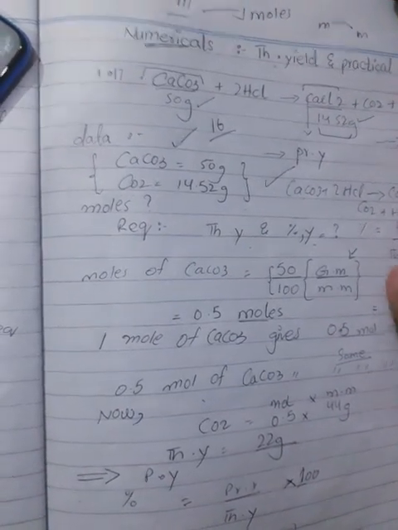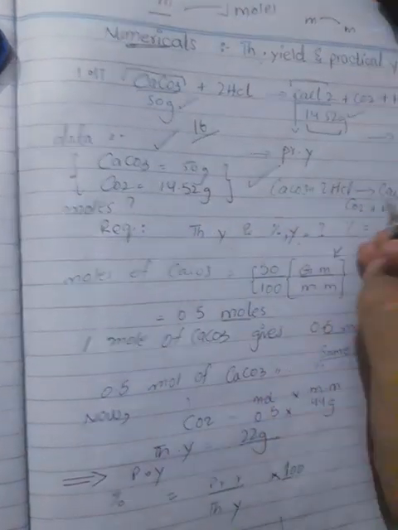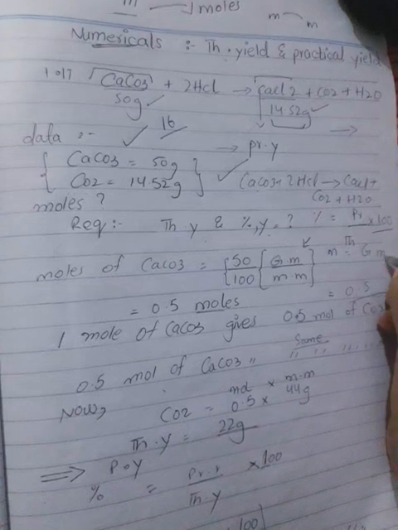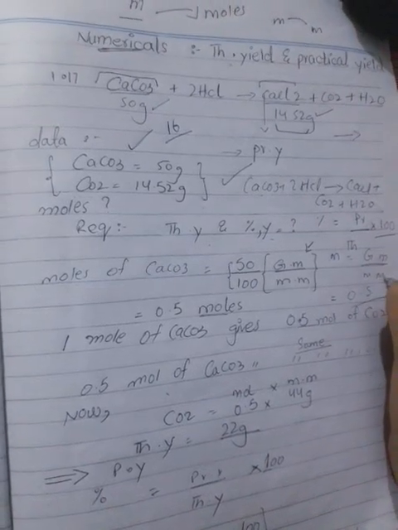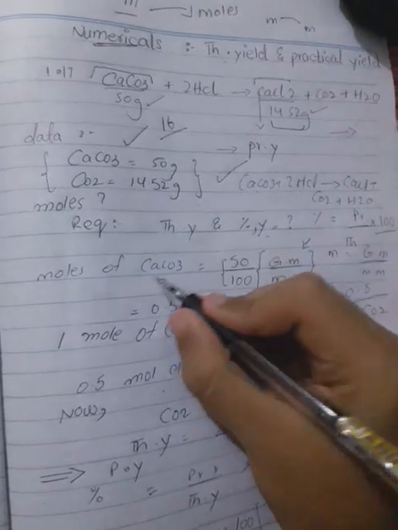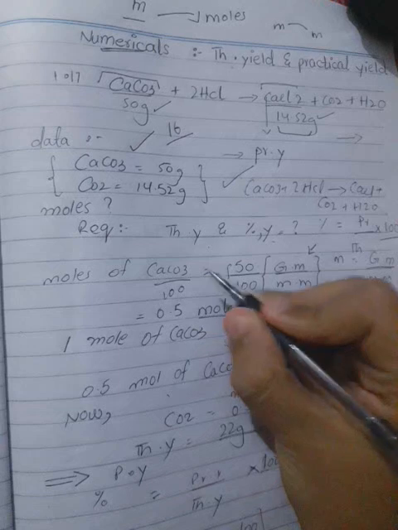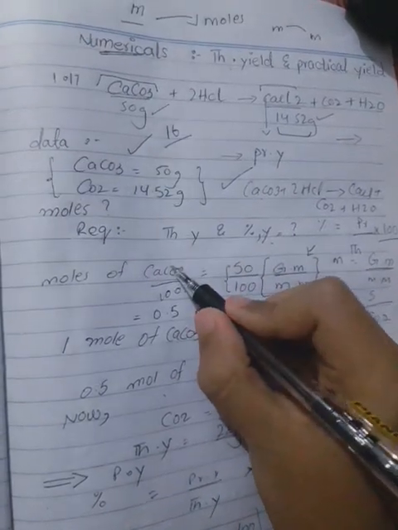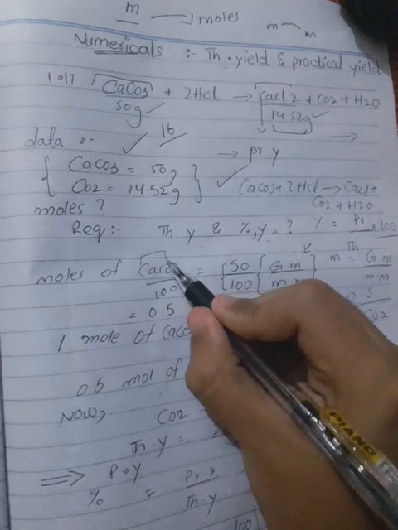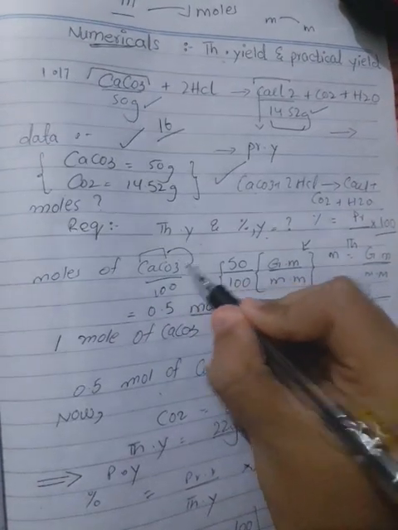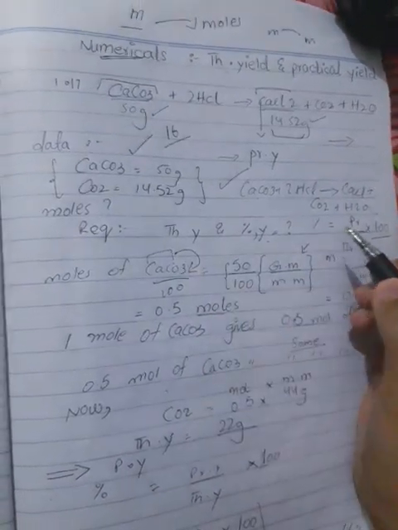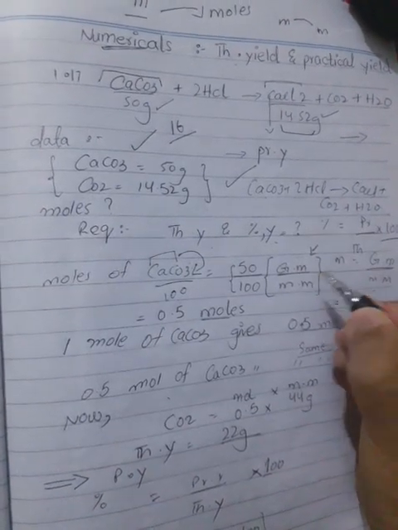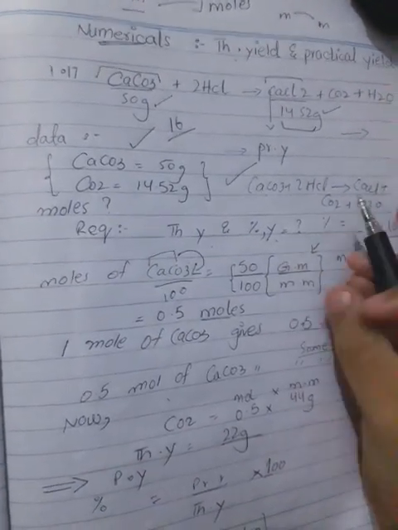We'll go through CaCO3. First of all, we have to convert it into moles, right? This is in grams. The formula for it is moles equal to given mass upon molecular mass. Now, the molecular mass of it is 100. You can simply calculate it by taking their atomic masses and multiplying by 3. The given mass is 50 gram as per the equation.